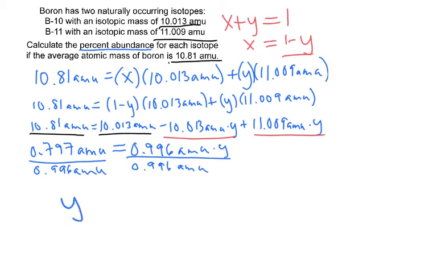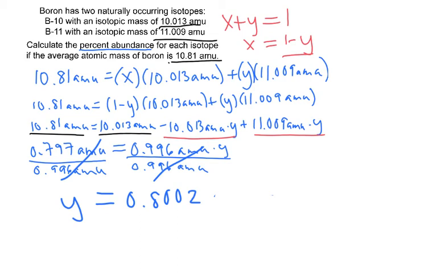So we have Y equals 0.8002. Well, actually, AMU cancels out. We can erase this. Okay, so we have our value for Y. Let's just do sig figs right now.